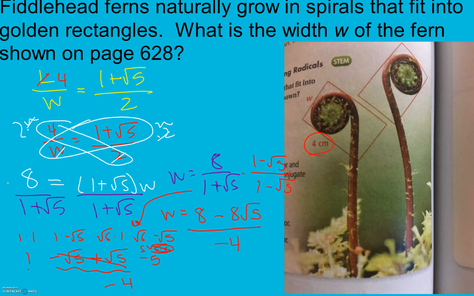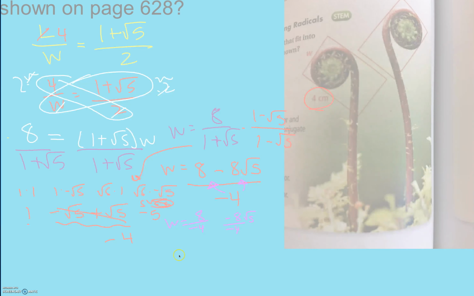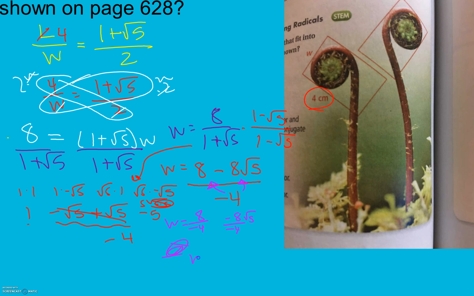And again, because we can simplify here, I can take a negative 4 out of the 8s. I'm going to do that: 8 divided by negative 4, and then negative 8 divided by negative 4, and that one goes with the square root of 5. So here I get w equals negative 2 plus 2 square root of 5.